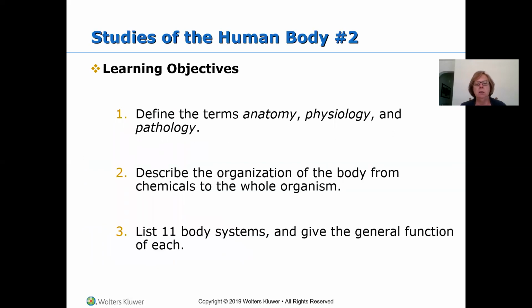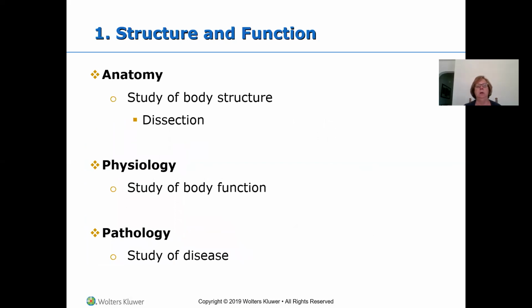So if we look at some of these terms, anatomy is the study of the body structure, and how we study that is through dissection. Maybe you had some opportunities to dissect some animals in a previous biology class. Anatomy is what the body looks like, and then physiology is how does it function?